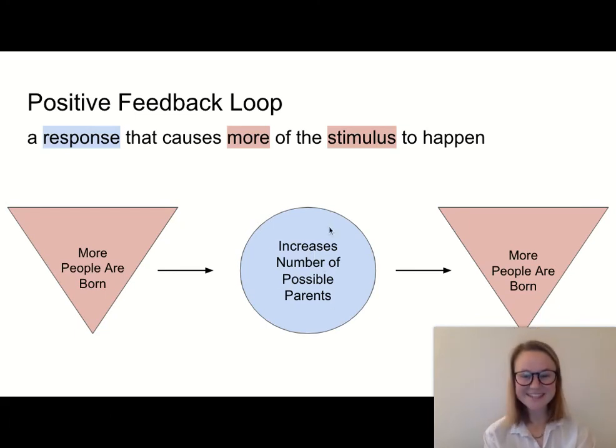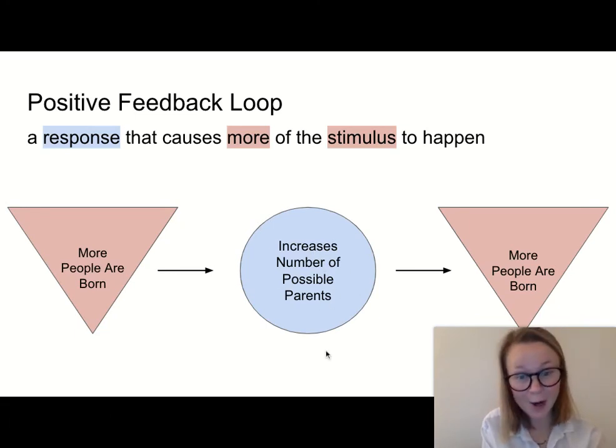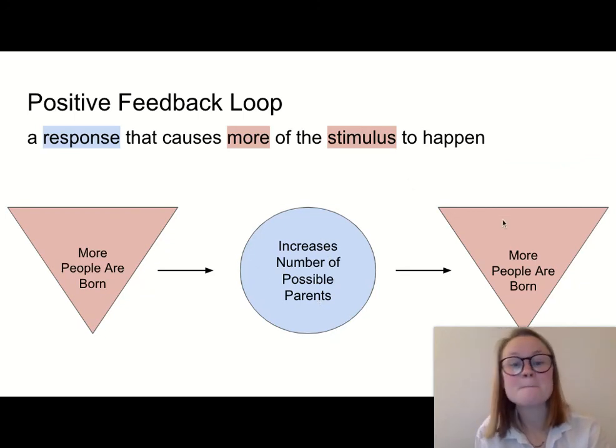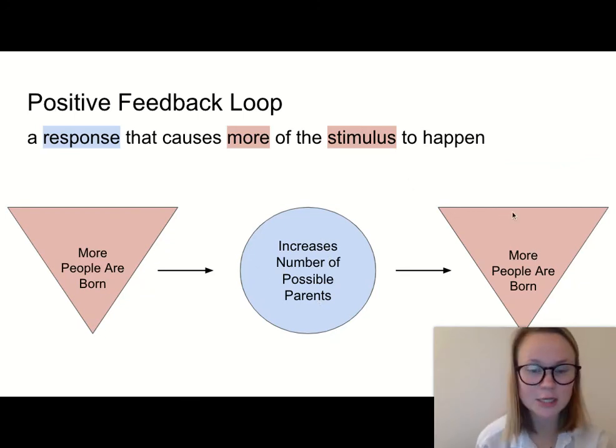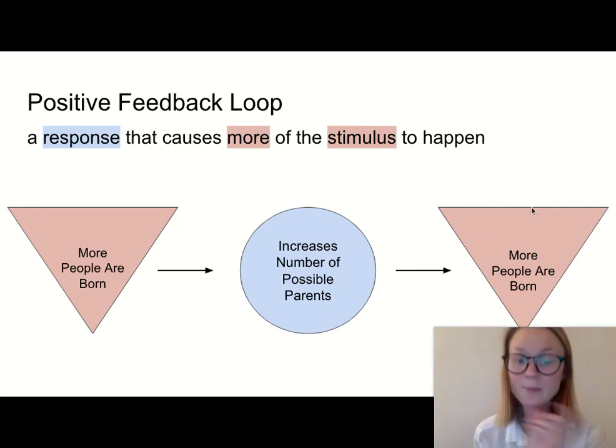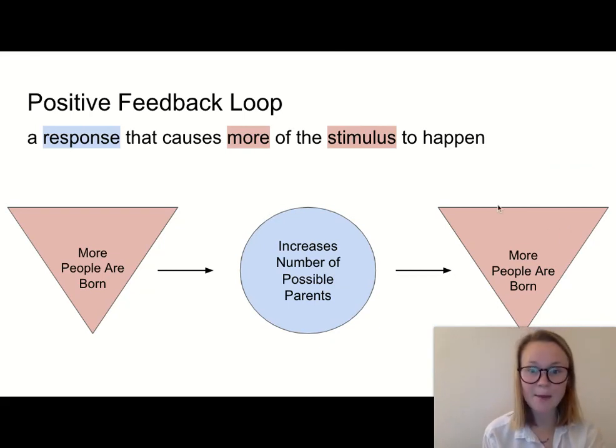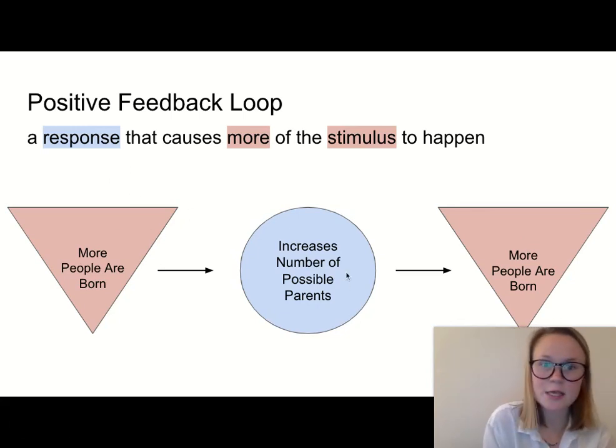And then when there is an increase in the number of possible parents, that will cause more people to be born, as long as there are not limiting factors stopping that. So in a positive feedback loop, the response is causing more of the stimulus to happen. So it's not the opposite. It's not fewer people being born. It's the same thing as what caused this response in the first place.